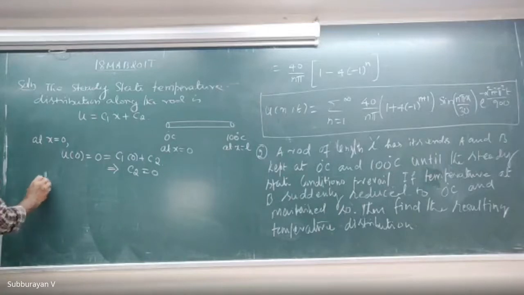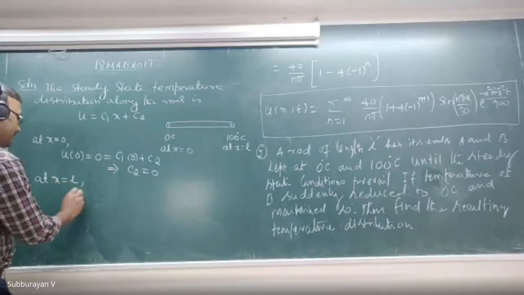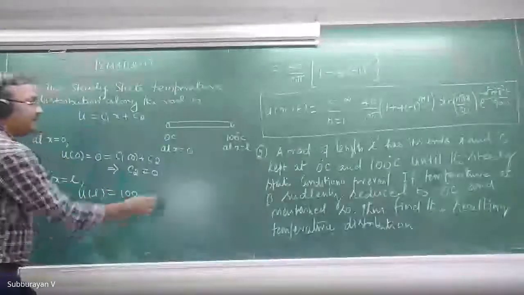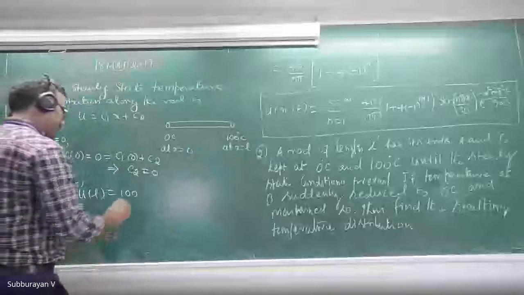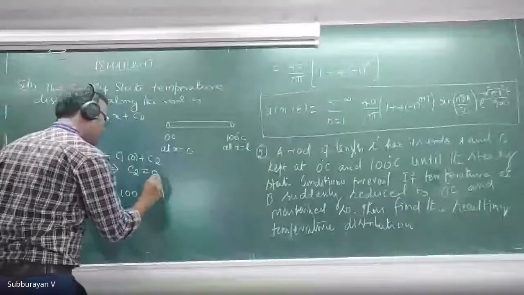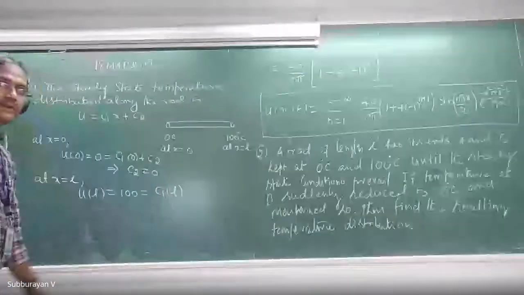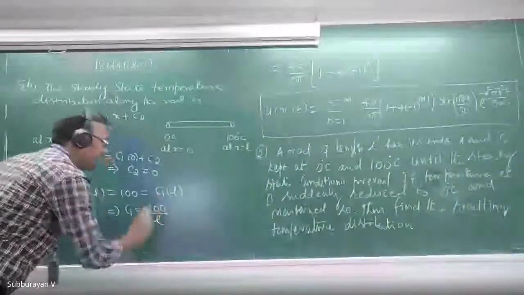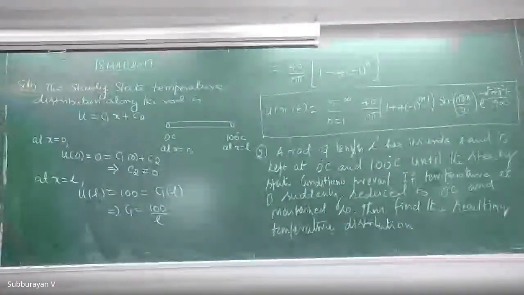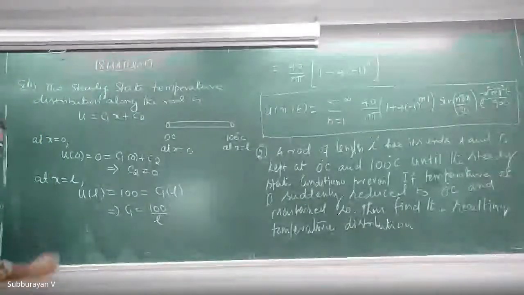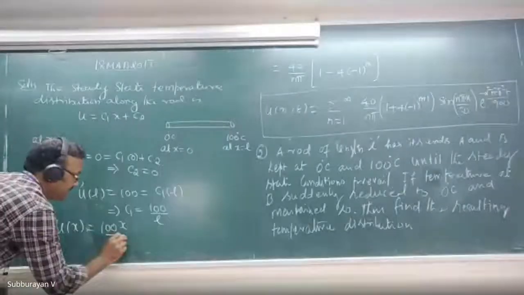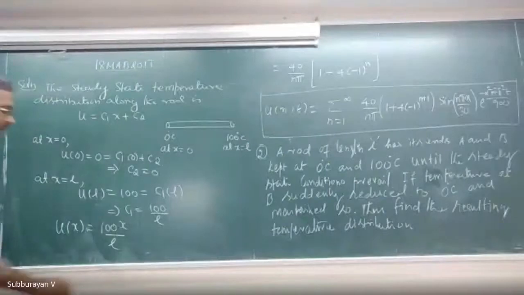And at x equal to L, U of L equals 100, which equals C1 into L, which implies C1 equals 100 divided by L. Hence, the steady state temperature distribution, U of x, is 100x divided by L.